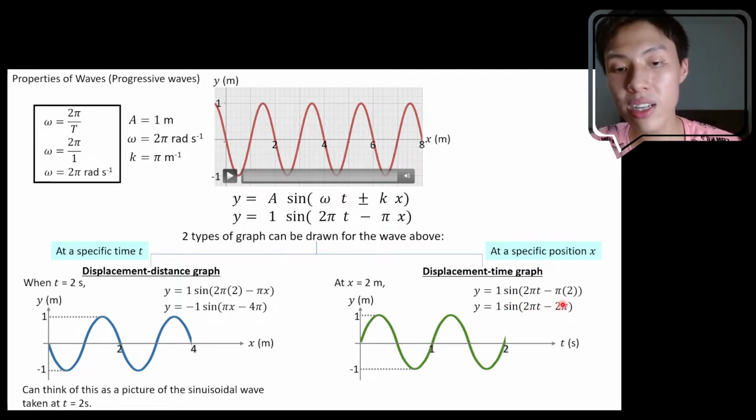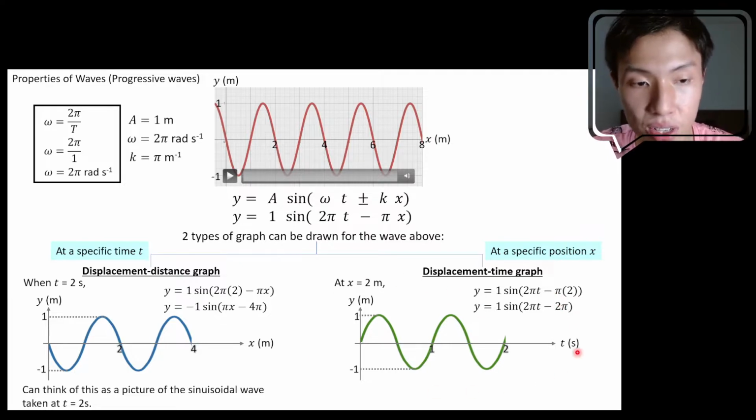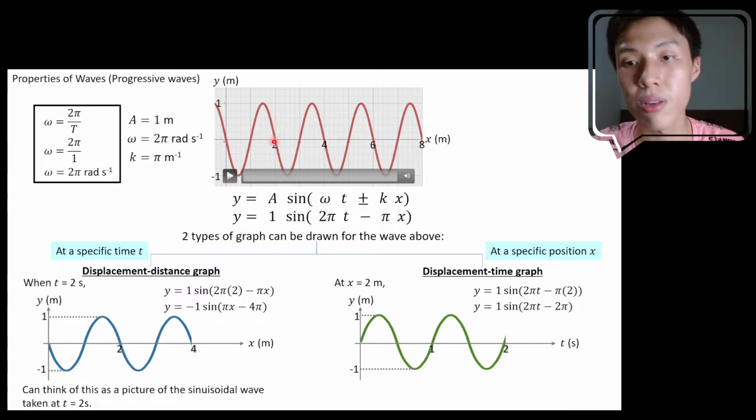Let's check whether this is true or not. Based on this graph, we know that the particle will be moving upwards, then downwards, then upwards, then downwards, then upwards. So let's check this for the particle at this position here. I will start the animation, then let's keep track of the motion of the particle at x equals 2 meter.